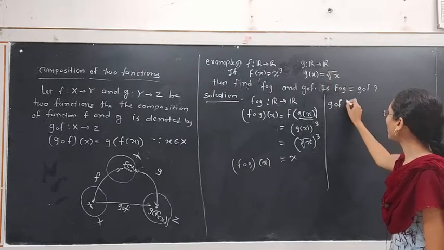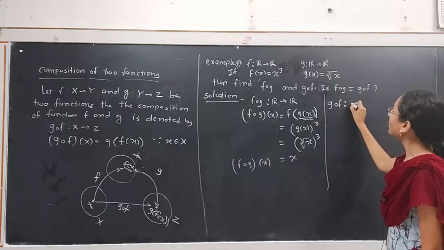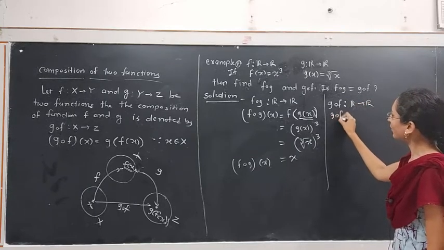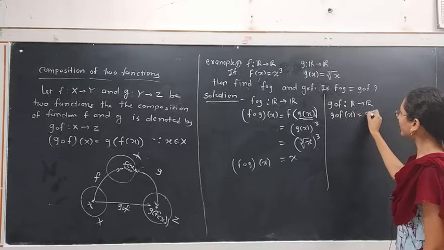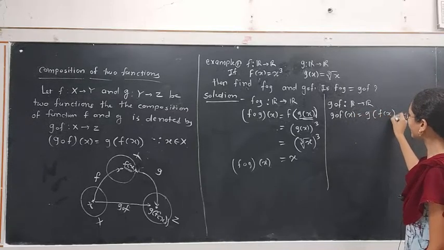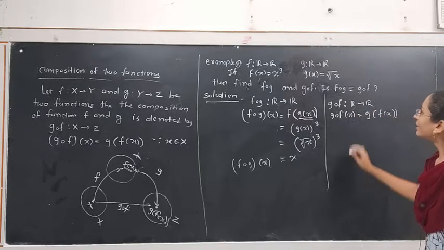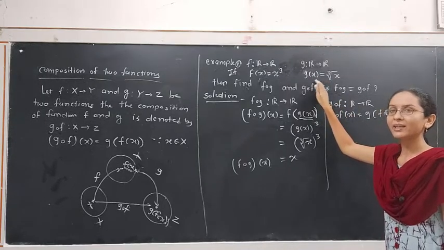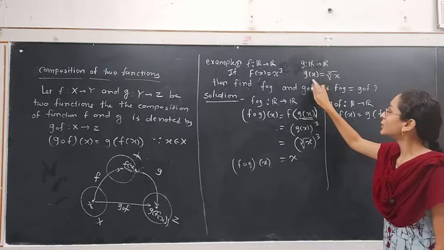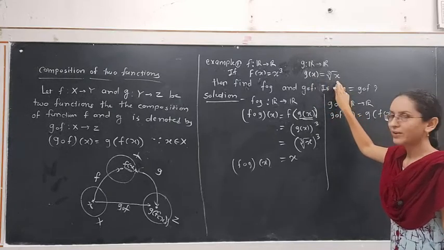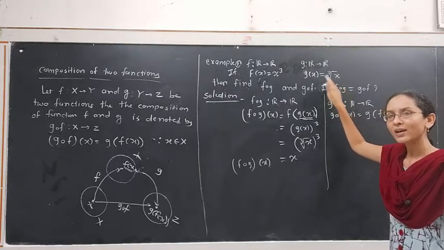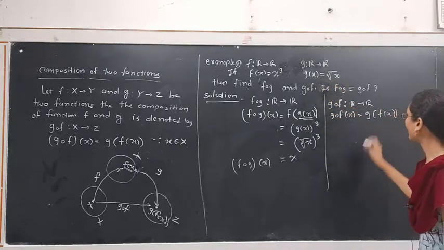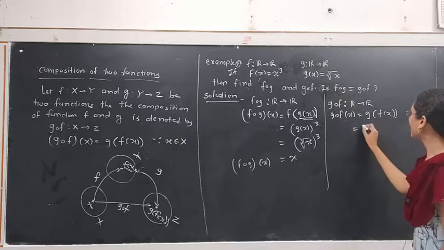Hence, g∘f is a mapping from R to R, defined by (g∘f)(x) = g(f(x)). In the function g(x), replace x by f(x), then we get g of f of x. g of x is given as the cube root of x, hence g of f of x will be the cube root of f of x.